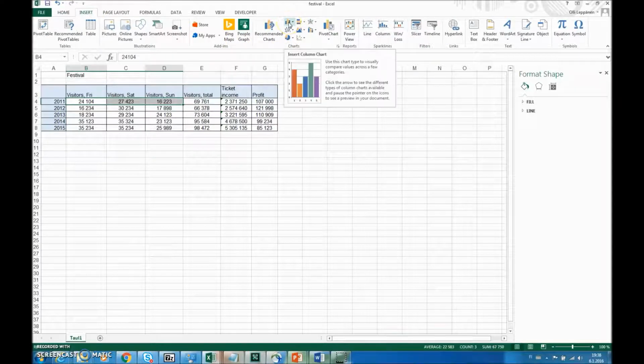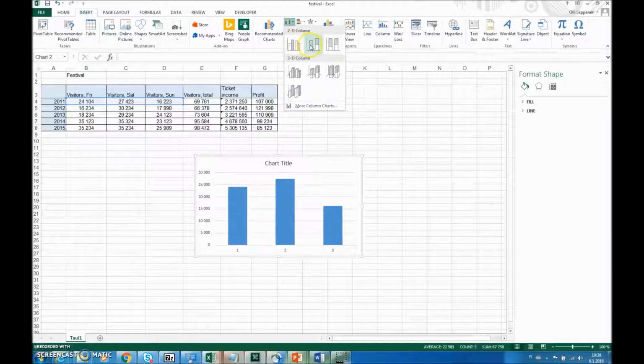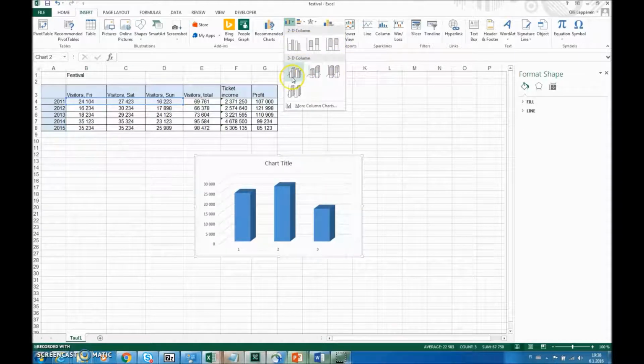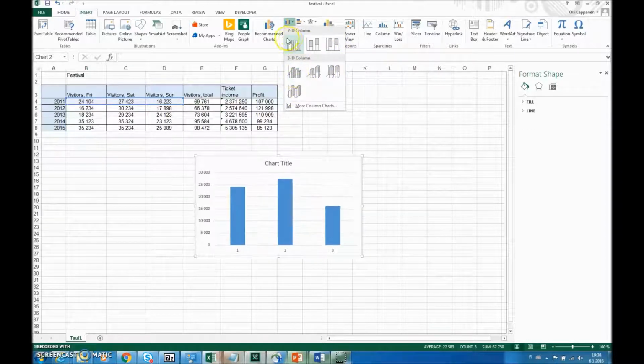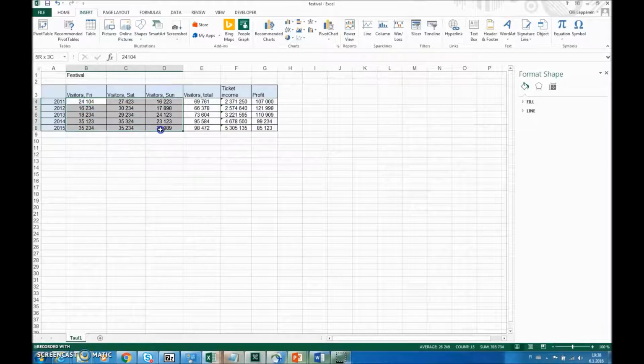So here we can find the column charts. Column charts come in different types. We have 3D options and 2D options. Now let's concentrate on all of the years.